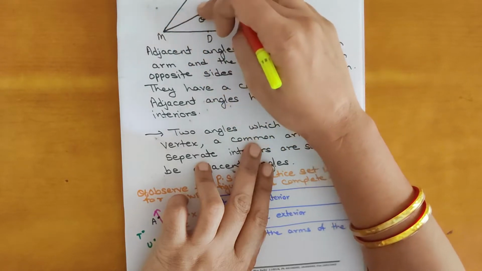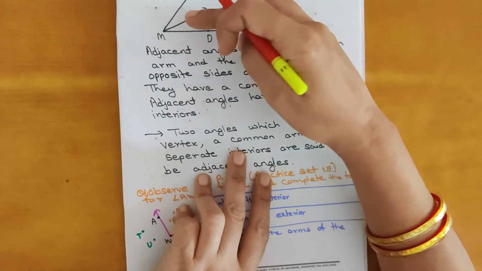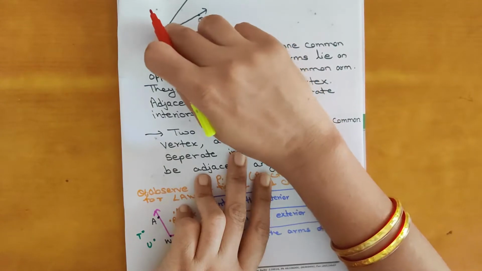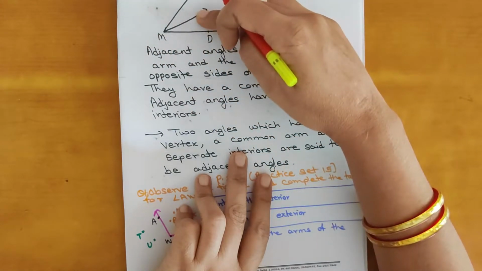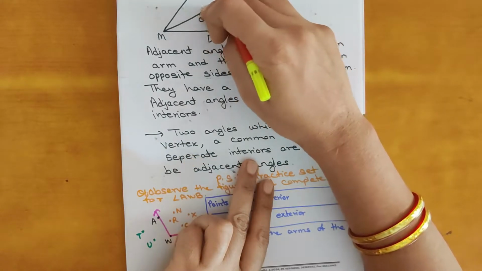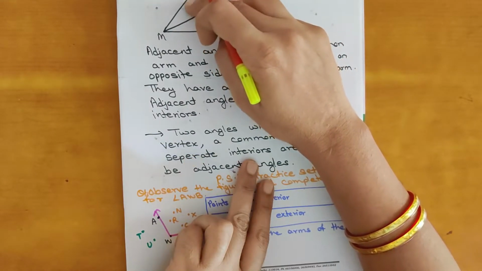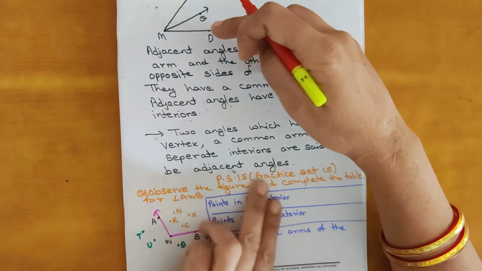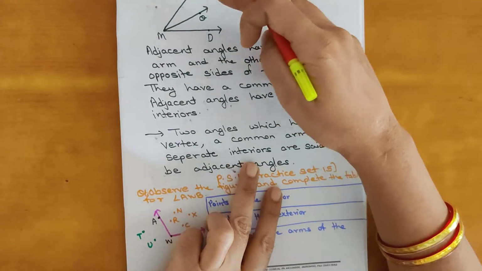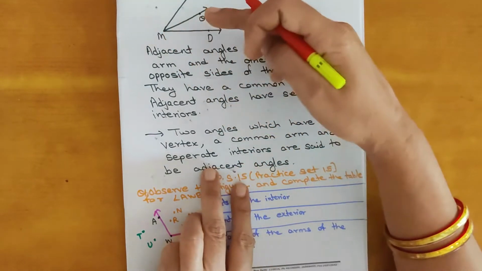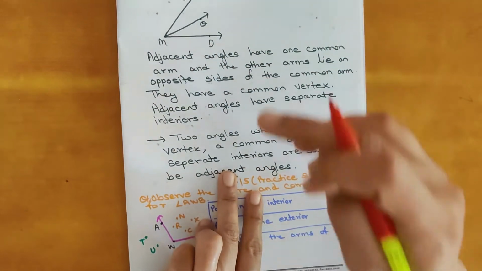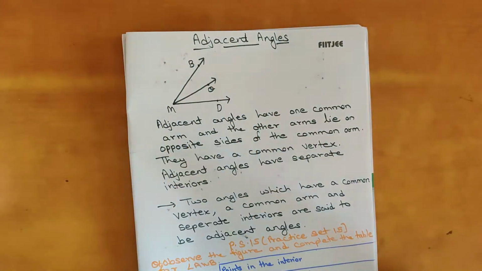Two angles which have a common vertex and a common arm, and separate interiors, are said to be adjacent angles.